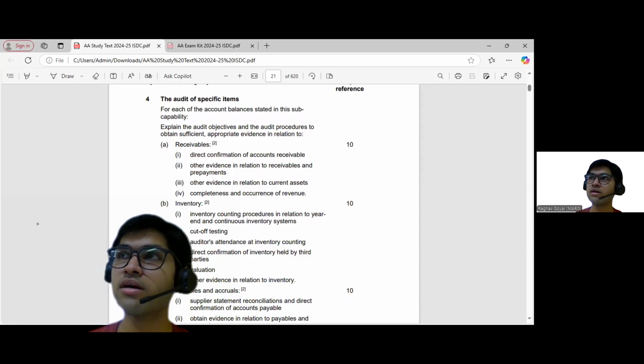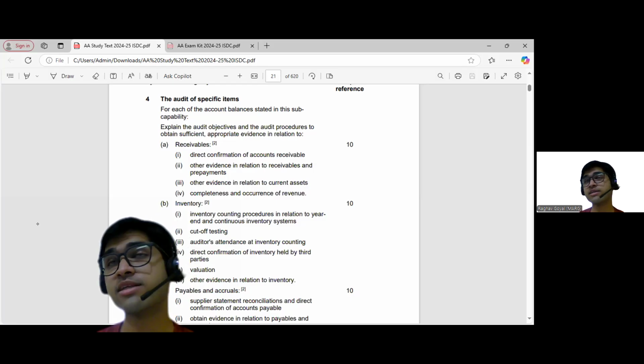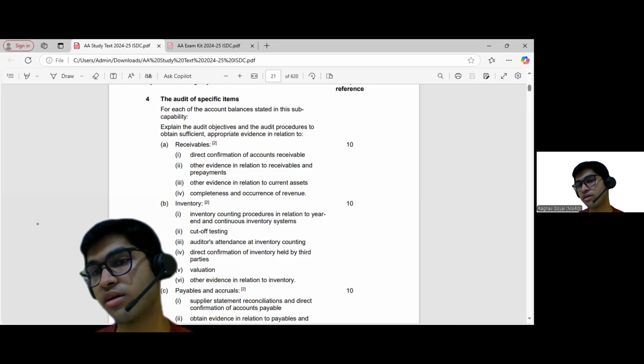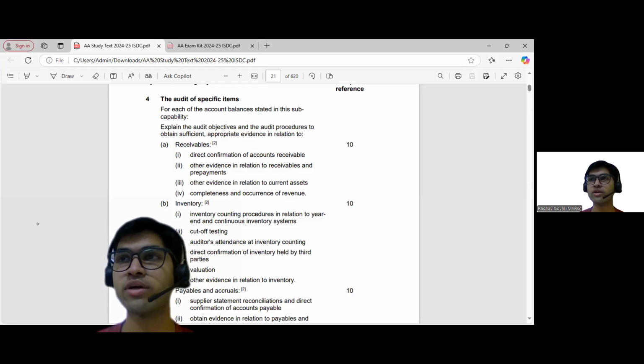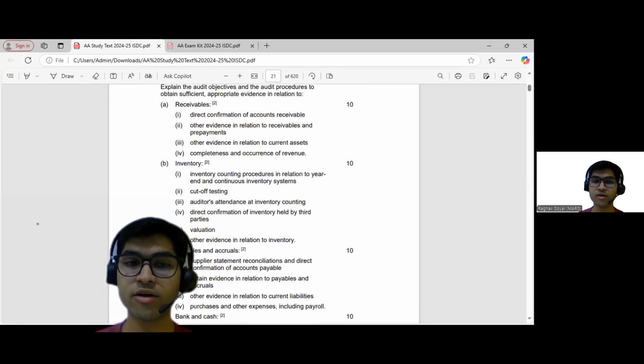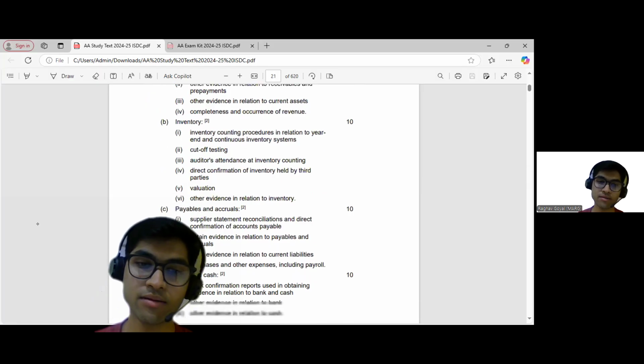So, what do you mean by cutoff testing? There is a chance that the entity has sold inventory after the year end, but has written it off in the current year itself to show it as a sale. So that's not quite right, and you have to ensure that it is being recorded in the correct period. So these are some of the examples that I could think of. We will be looking at each one of them in detail.